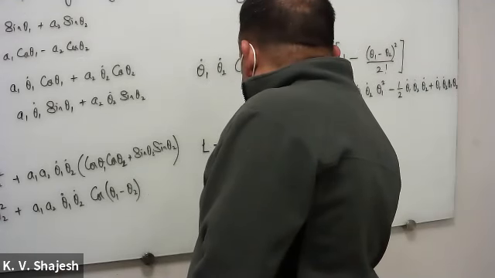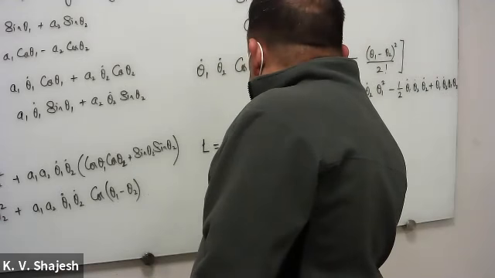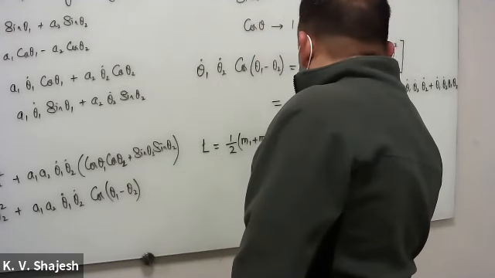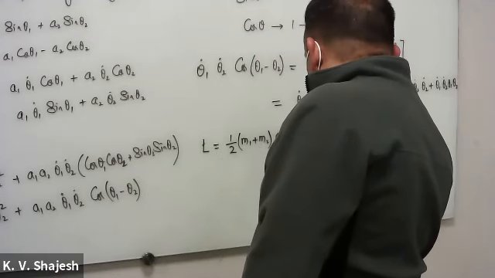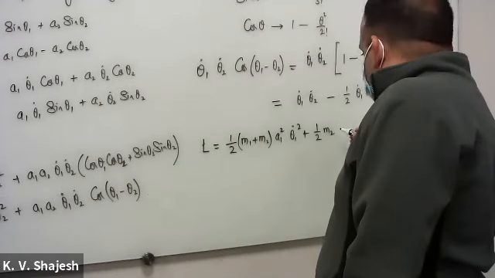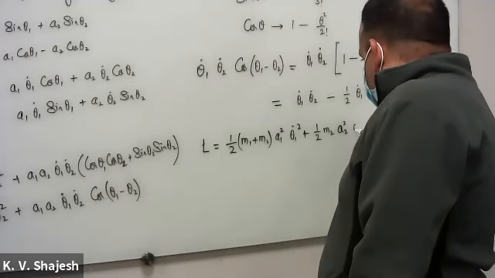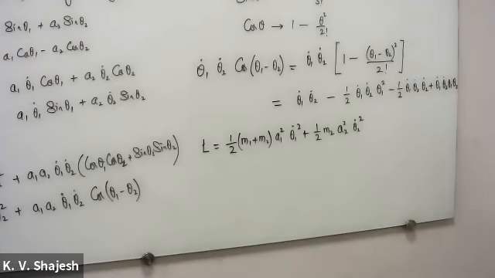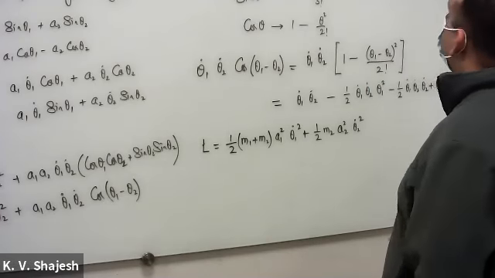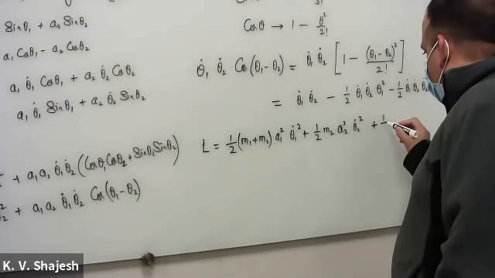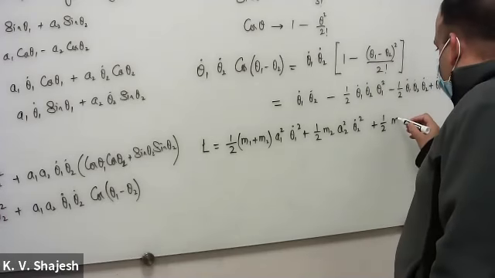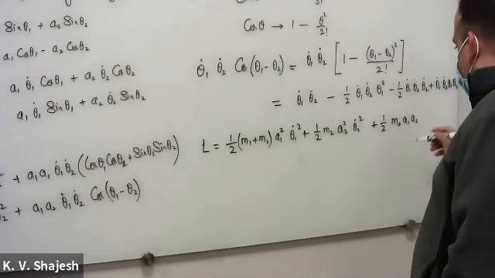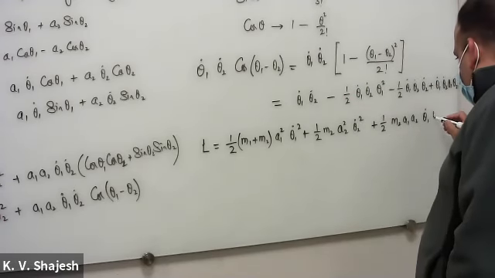This is (M1 plus M2) A1 square, theta 1 dot square, plus, and here, M2 A1 A2, since I'll keep only the first term, even though I said I will keep it.